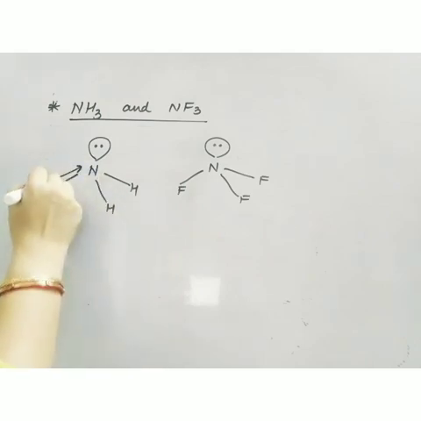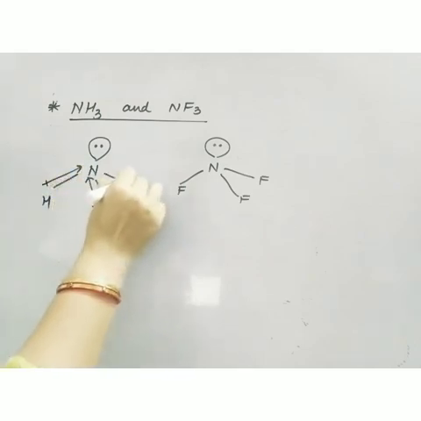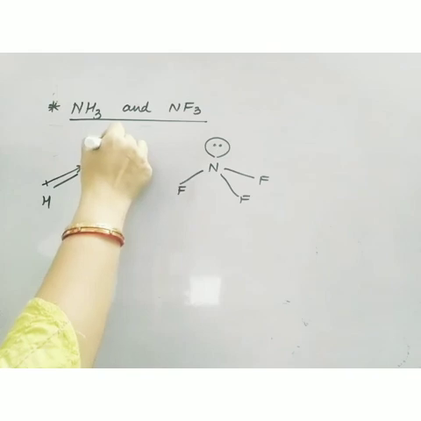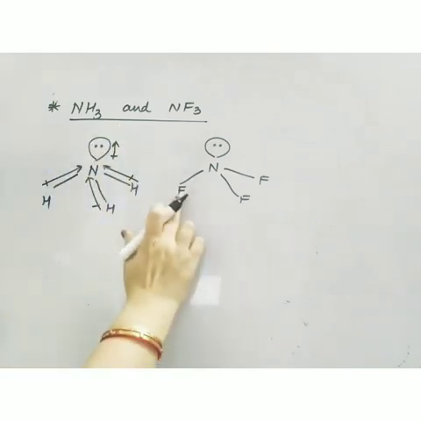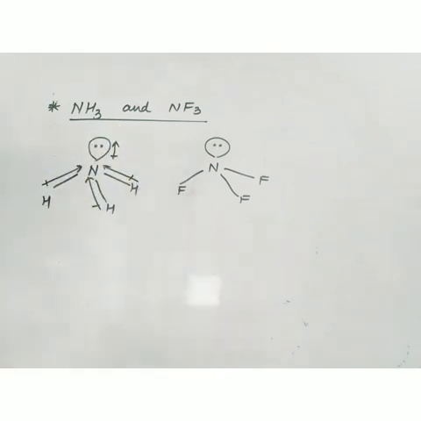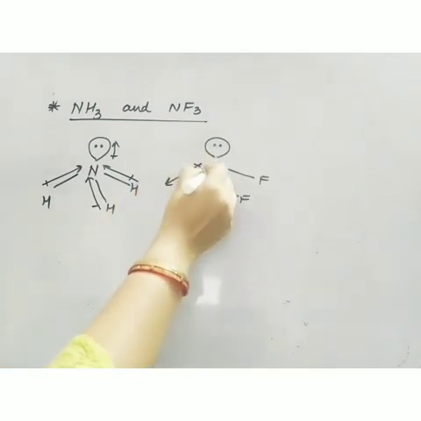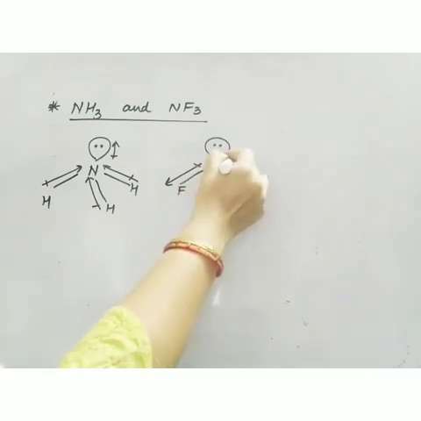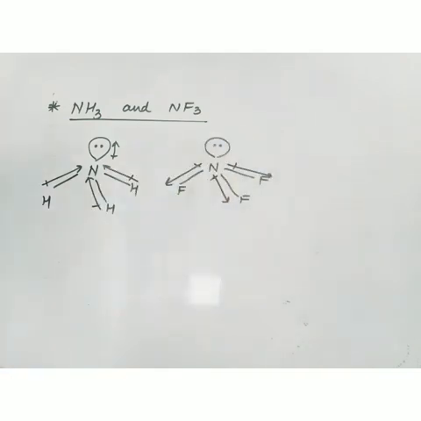Nitrogen is more negative and lone pair vector is up. Here fluorine will be more electronegative. Which is the most electronegative element? Fluorine. After fluorine, oxygen, then nitrogen. So vectors will be like this. Okay, now here the 4 vectors are up.